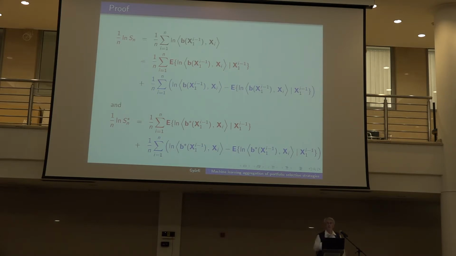But it is true for all n, because for all i, the i-th term here is smaller than or equal to the i-th term here because of the definition of the log optimality. And the proof is finished. So it's simple. Well, their proof is a bit more complicated, but the scheme is clear, and it is just the law of large numbers for martingale differences.